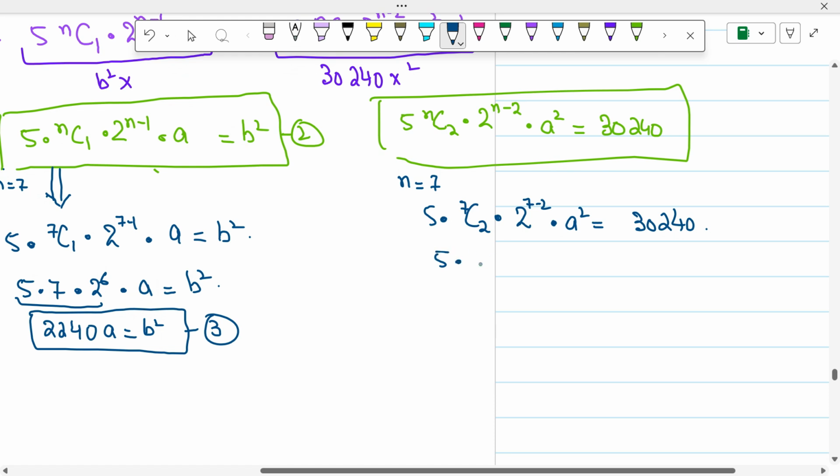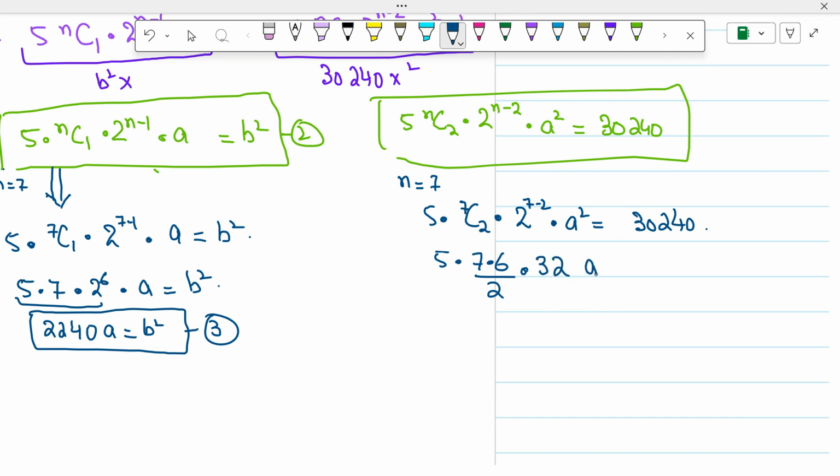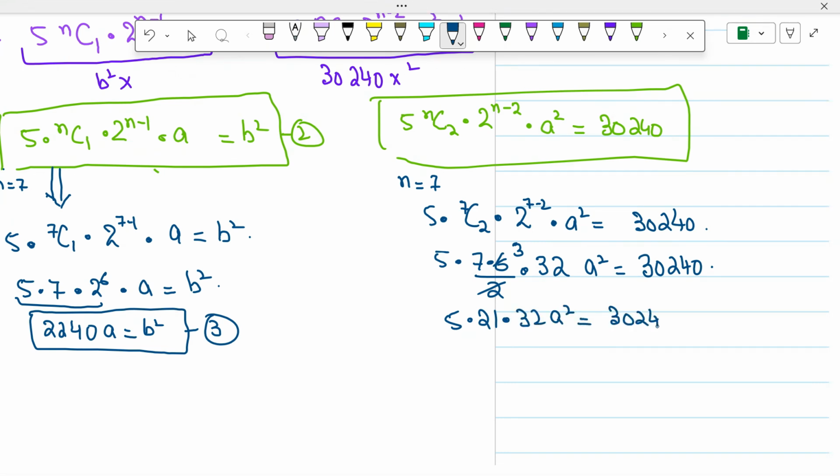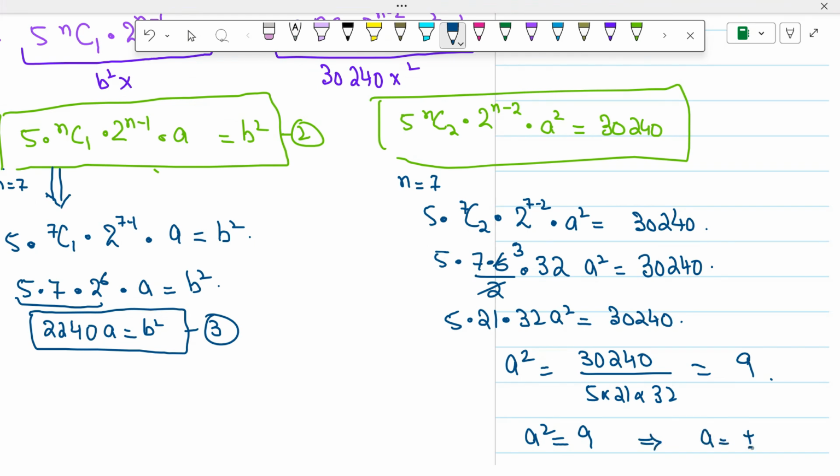This one is 7 times 6 over 2, which is 21, times 2^5, which is 32. So 21 times 32 times a² is equal to 30,240. So a² is equal to 30,240 over 21 times 32, and this is equal to 9. So a² equals 9, which means a is equal to plus or minus 3.